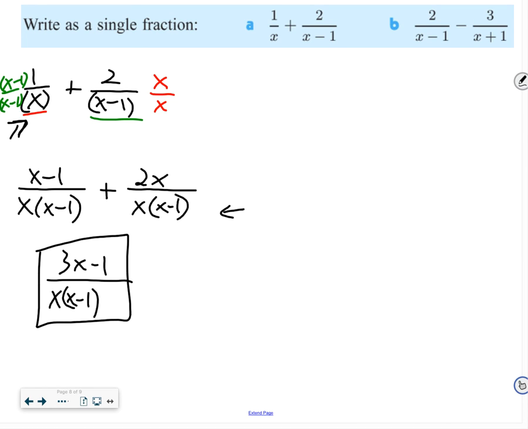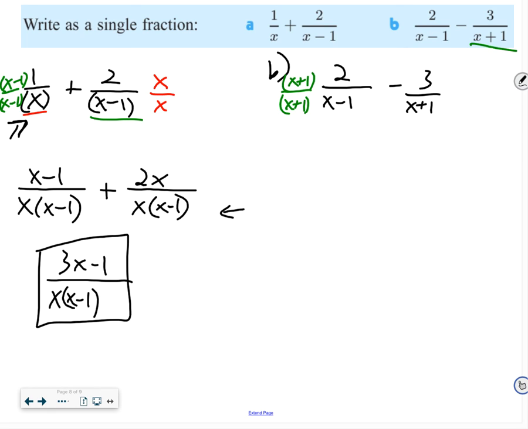Okay, in part B, again, x minus 1 and x plus 1 are going to be different factors. So 2 over x minus 1, I'm going to multiply by that denominator, x plus 1 over x plus 1, as a form of 1. Okay, and then I have minus 3 over x plus 1.